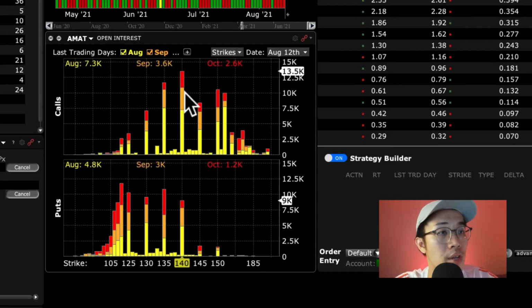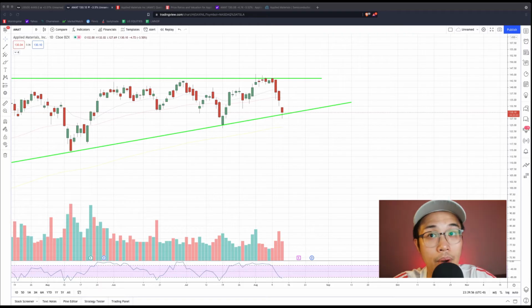The option with the highest open interest is the call option at a strike price of $140. With the stock price currently below 130 and the options with the most interest at 140, I have a bullish prediction that the stock will gravitate back up towards $140.